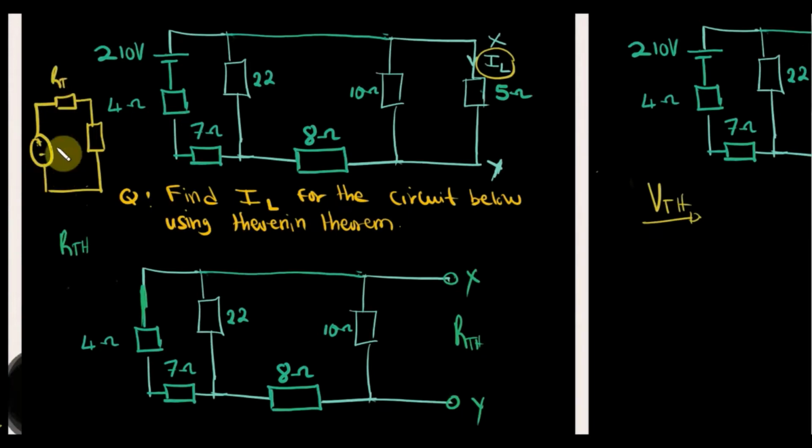R Thevenin, V Thevenin, IL, and this is my load resistor, which of course will be this one. I just cut it off from here, then I'll come paste it or attach it to the Thevenin circuit.